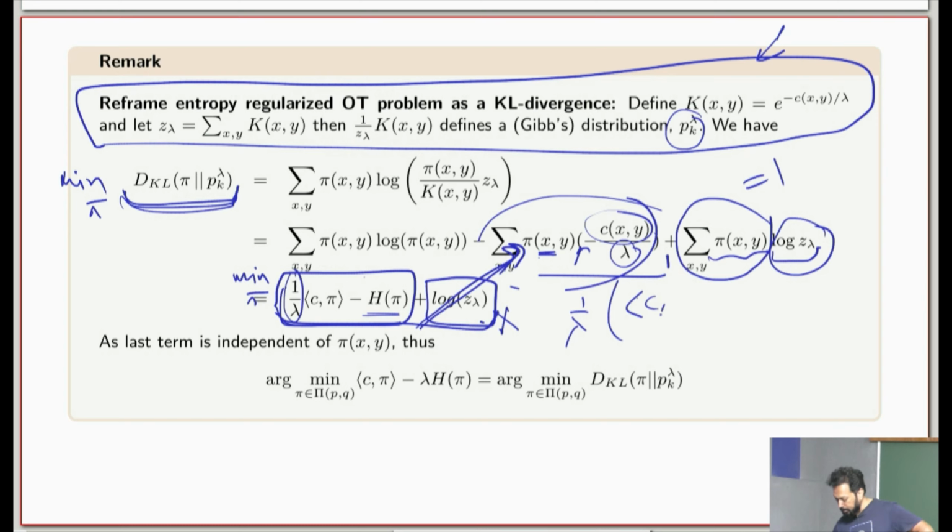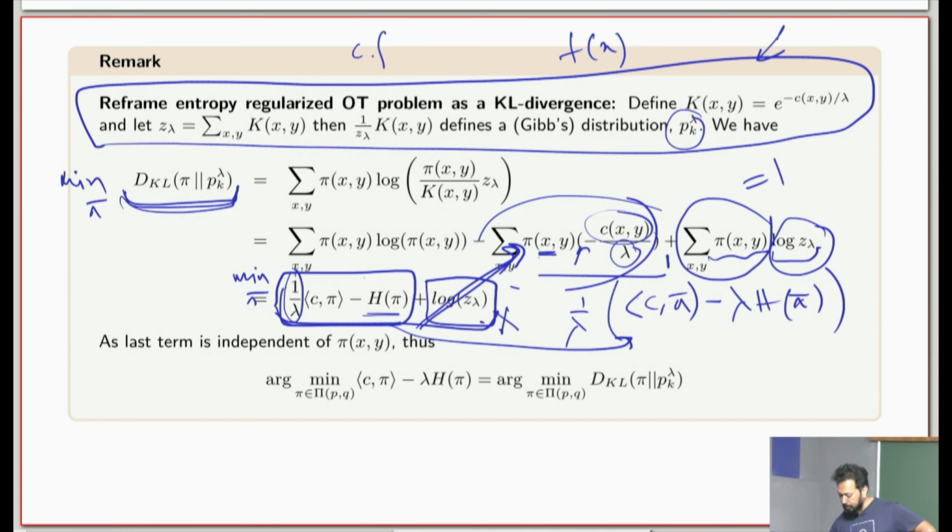So this is like c pi minus lambda h pi. Now again, whether I minimize a function f(x) or whether I minimize a function c times f(x), it doesn't matter. C has no real role to play. If c is positive, the place where I get the minimum of c f(x) will be the same place where I get the minimum of f(x). So this 1 by lambda could be thrown away as well.